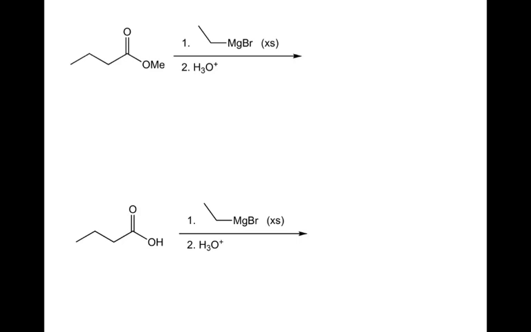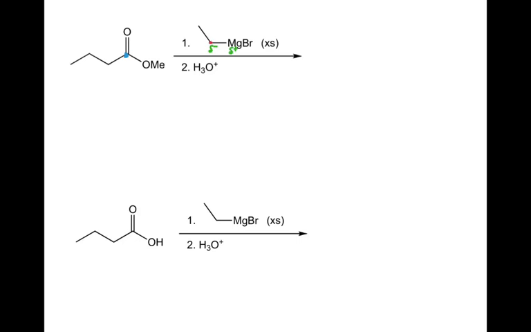Just to remember, the carbon of the carbonyl is electrophilic, so we'll put a little blue dot here as electrophile. And we remember that our Grignard reagent has a partial positive charge and a partial negative charge.